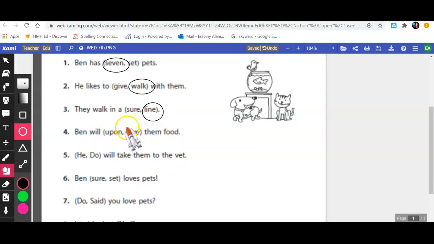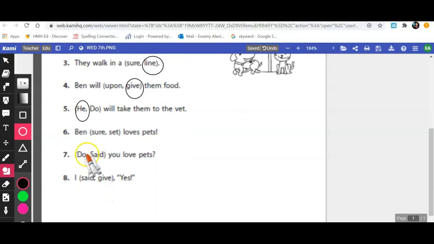Ben will give them food. He will take them to the vet. He makes the most sense. Ben sure loves pets. Sure makes the most sense. Do you love pets? Do makes the most sense. Do you love pets? I said yes.